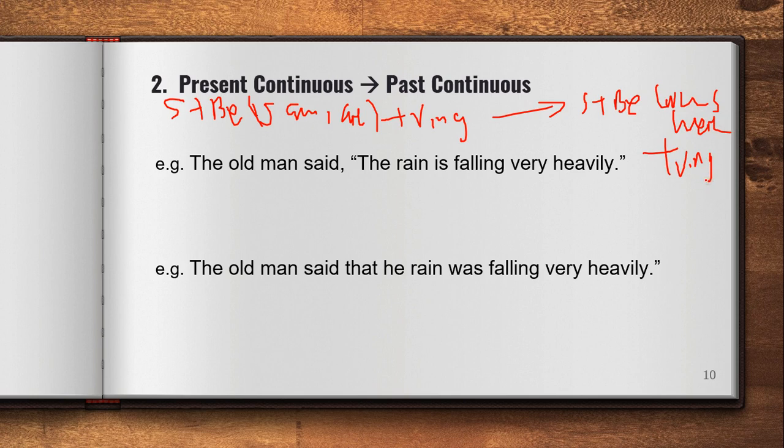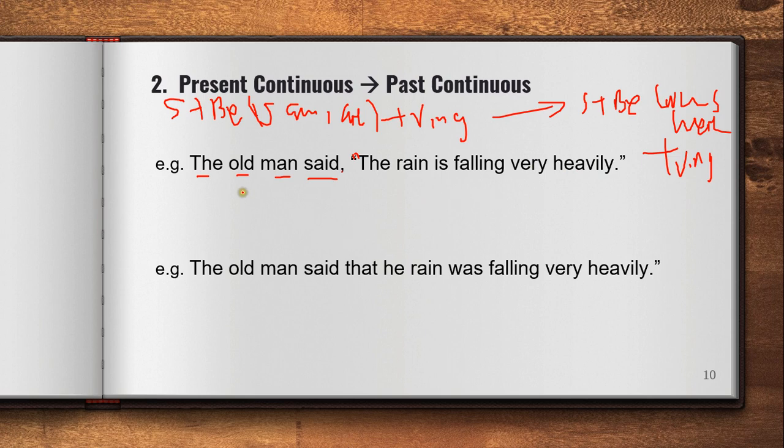Okay, let's take a look at the example. This is the direct speech: The old man said, "The rain is falling very heavily." Remember this one.